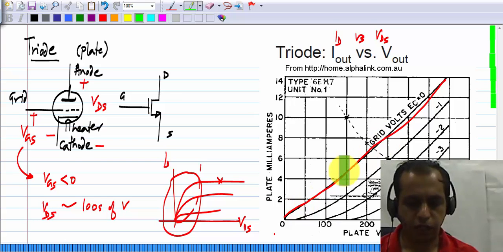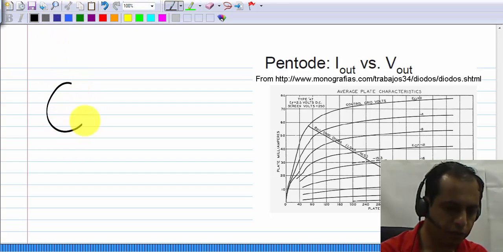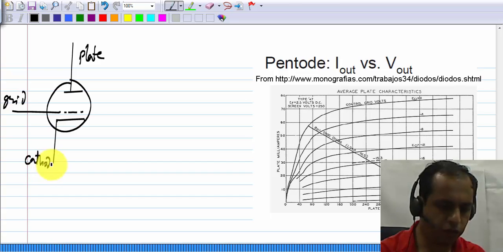Now later people got ideas about how to make the device better. What they did was, so we have the three terminals of the triode: plate, grid and cathode.